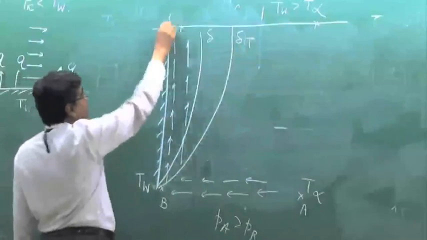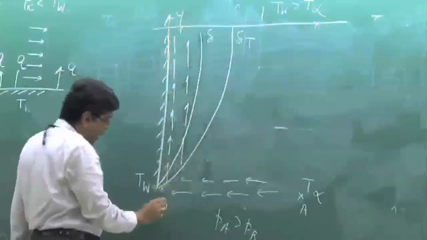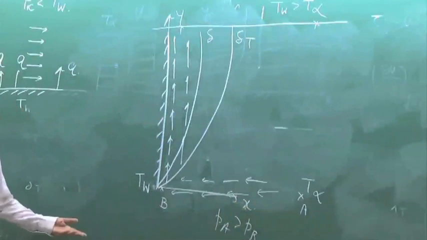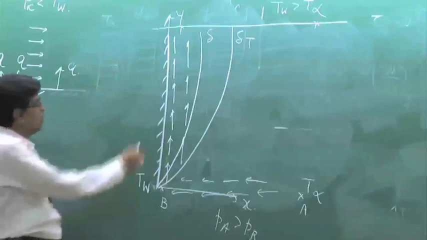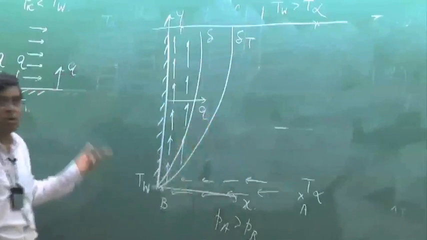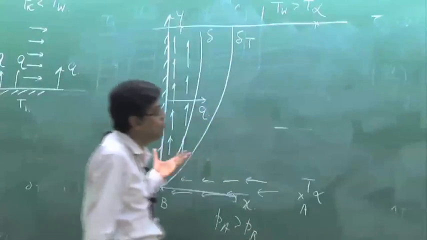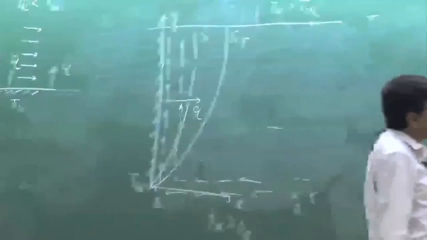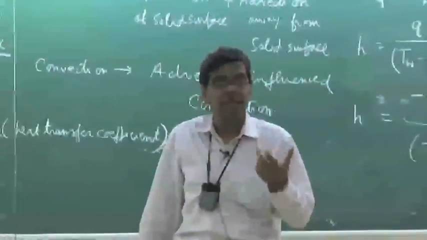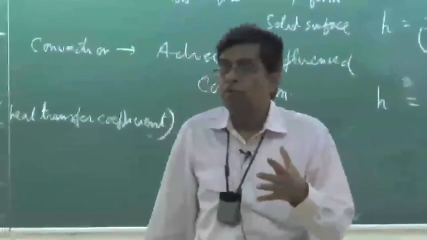Here the coordinate may be different. If this is vertical plate Y, it is always reasonable to give the Y coordinate in the vertical direction. Doesn't matter, you can give X. So if you give Y, then X direction heat flux is Q. So therefore the thing remains same, and it will be del T del X. So therefore, whether it is a free convection, that is a buoyancy induced flow, or the forced convection, it is a force induced flow.